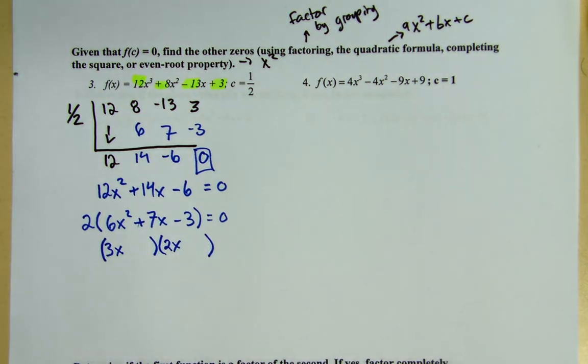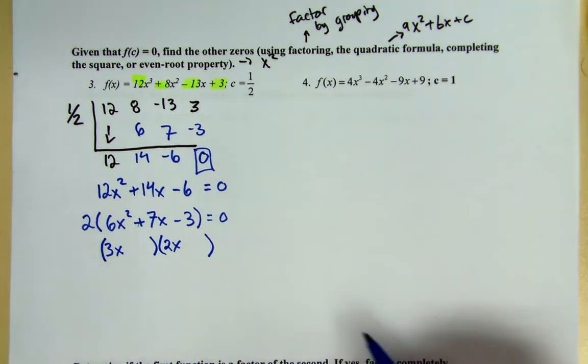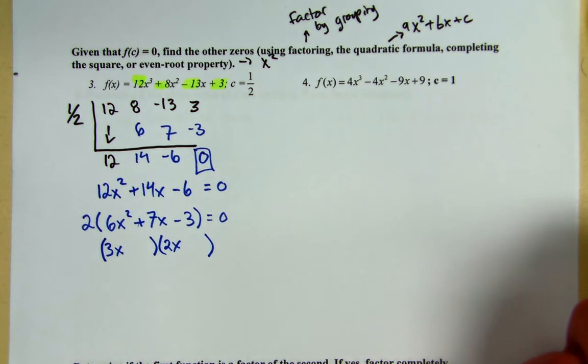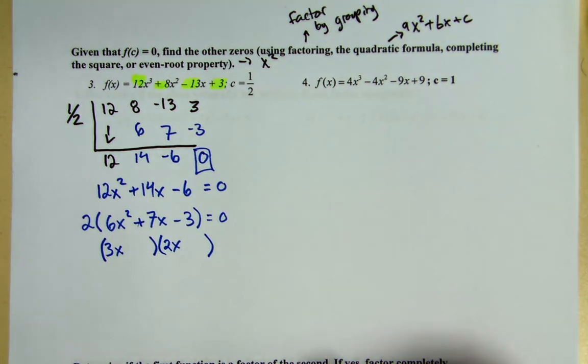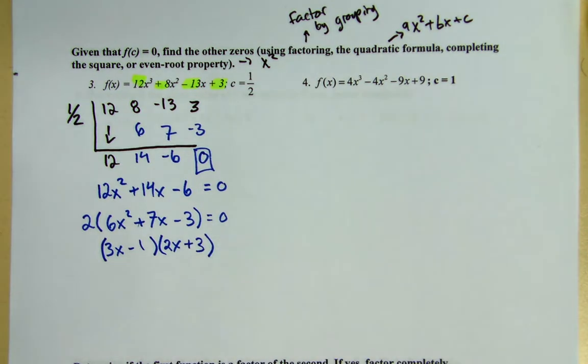So 3x and 2x, to get negative 3, so I need to multiply to get negative 3, I need to use 1 and 3. Now I'll probably want a positive and a negative. I'm going to go ahead and try minus 1 and plus 3.